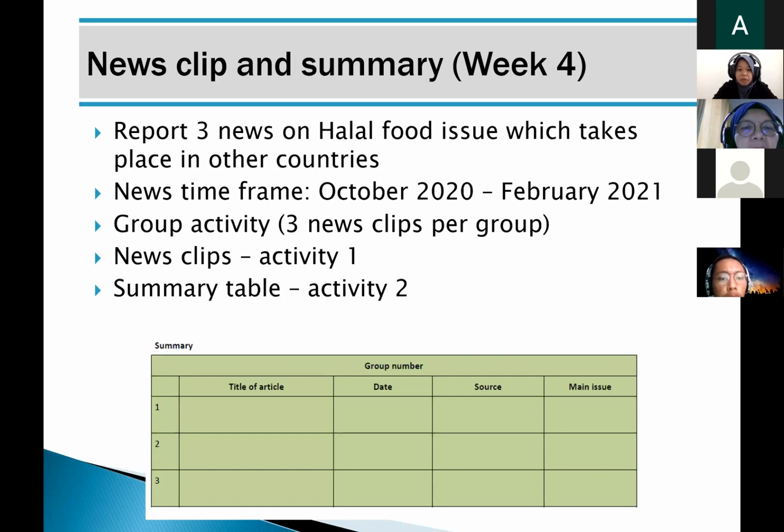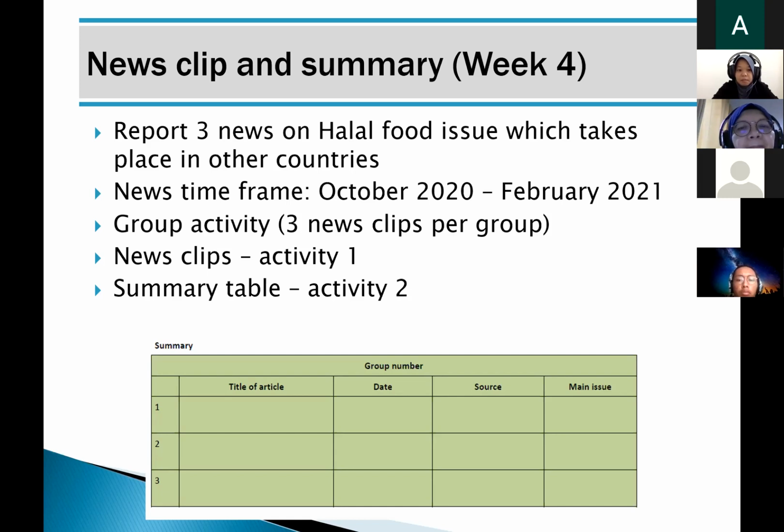So report 3 news based on the news clips that you take, but these are news clips outside the country, not in Malaysia, maybe in Indonesia or Singapore or UK or the US. So get from legit newspapers outside the country 3 clips or 3 news related to halal.